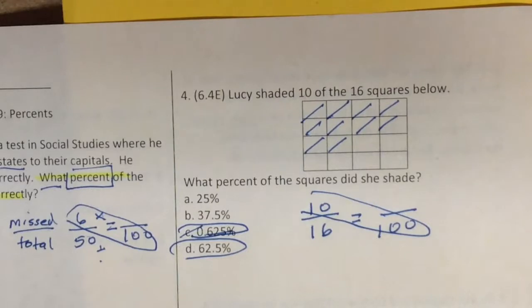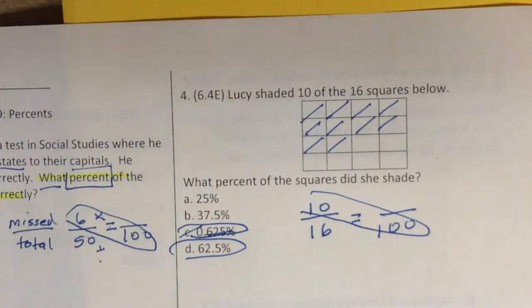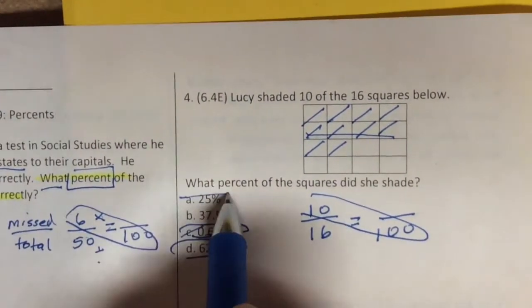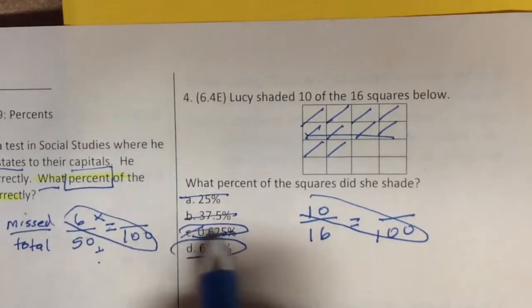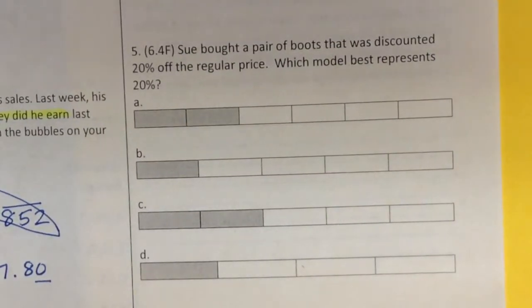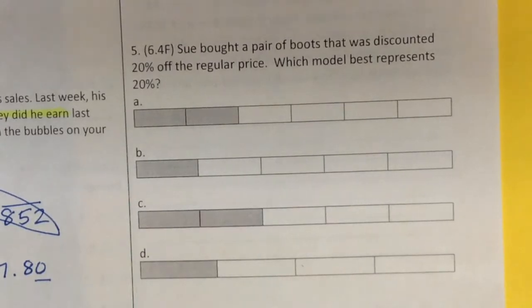10 out of 16. It's more than half of the squares, so you know that it's more than 50%. If it's more than half, more than 50%, you could rule out A, you could rule out B, and you could rule out C because they're all less than 50%. The next one requires you to know benchmark fractions.